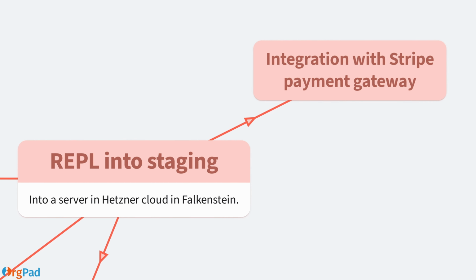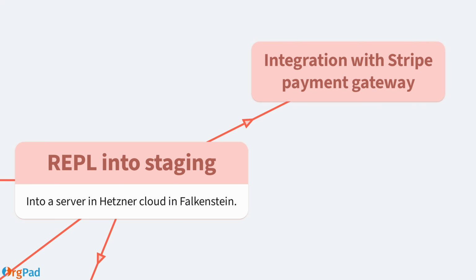OrgPad uses Stripe to process credit card payments. We built the entire integration in just a few days using REPL. First, let's give an overview of the Stripe integration. The user first selects the subscription plan in the OrgPad checkout page.